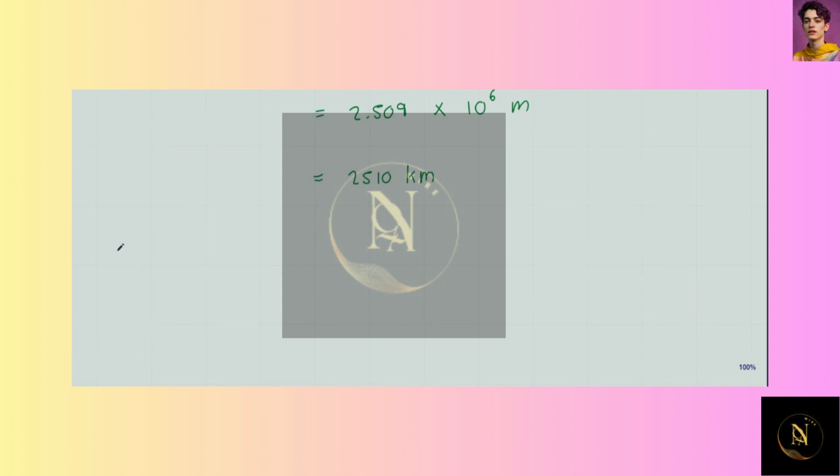And lastly, we want to calculate the gravitational acceleration at the moon's surface. So we know that GM is equal to g R squared.